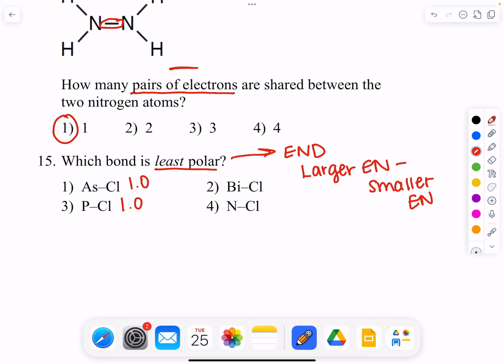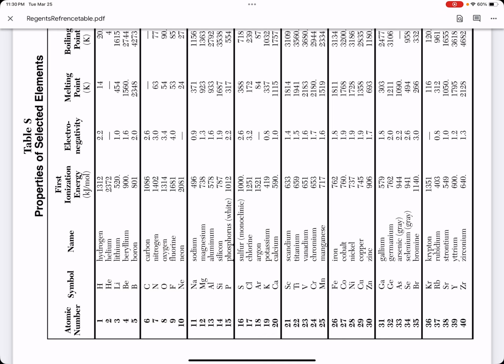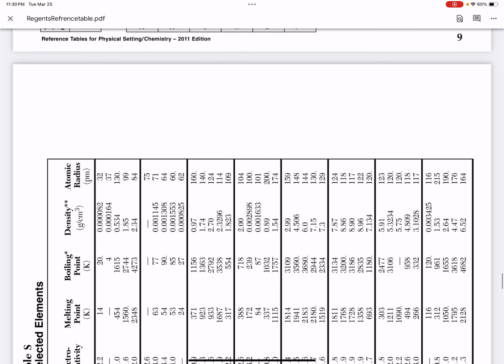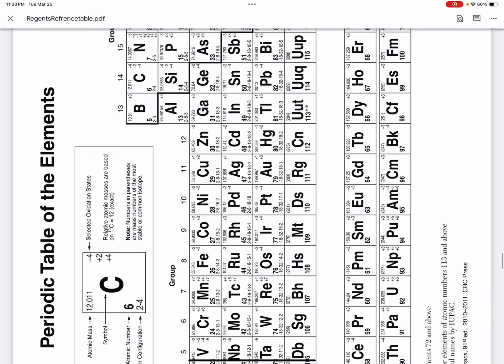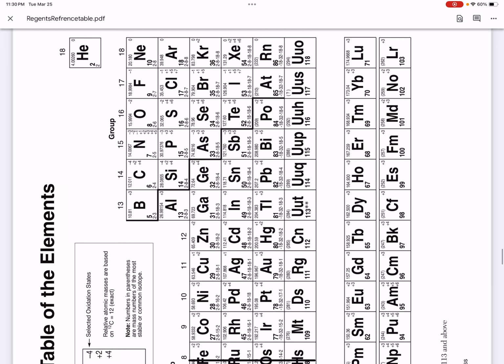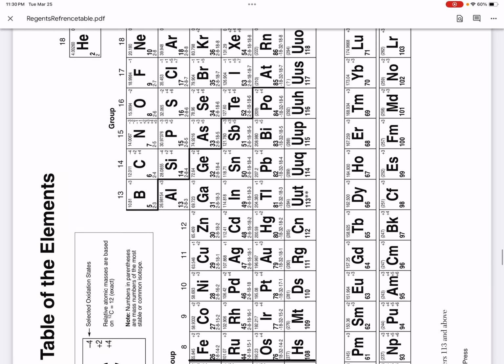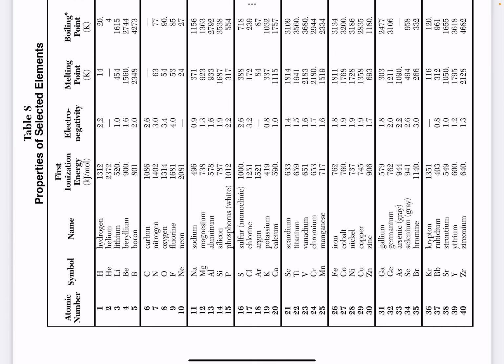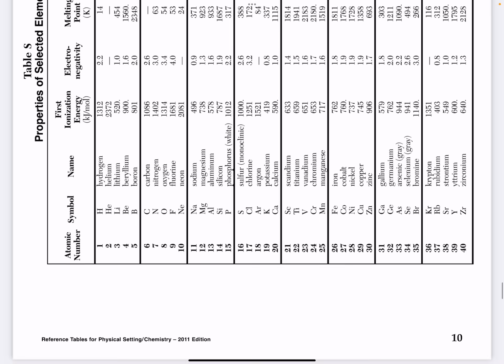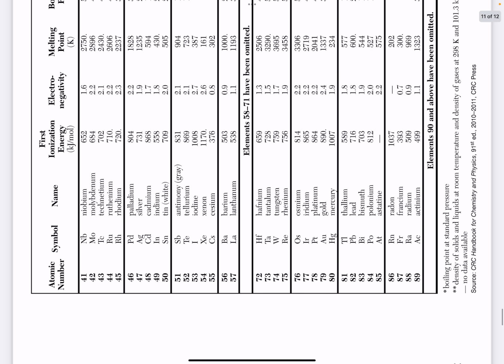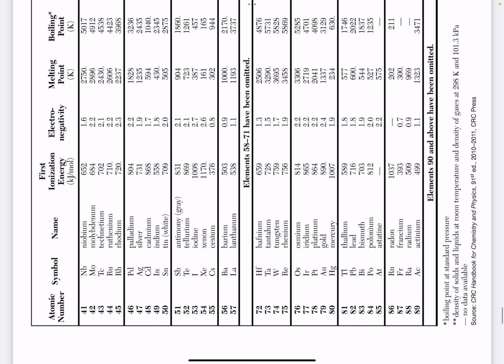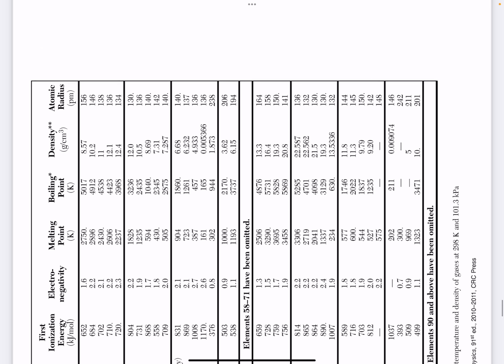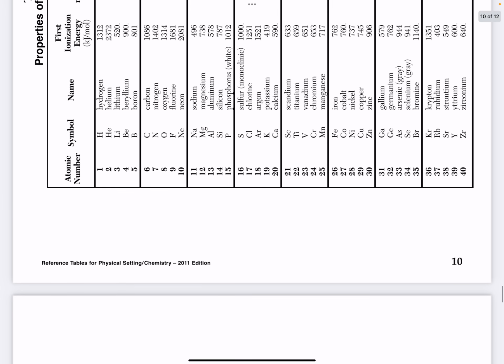Bi and Cl. Bi is 83. Next page. Bi has an electronegativity of 1.9, okay, low, and Cl was 3.2, right?